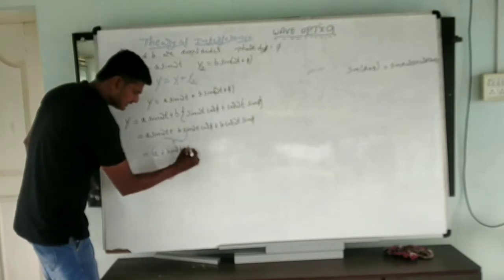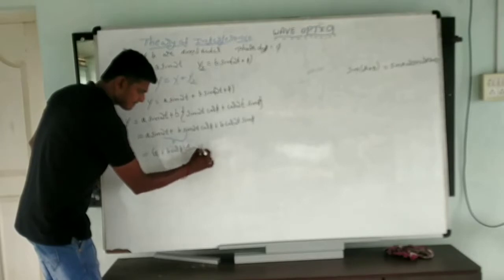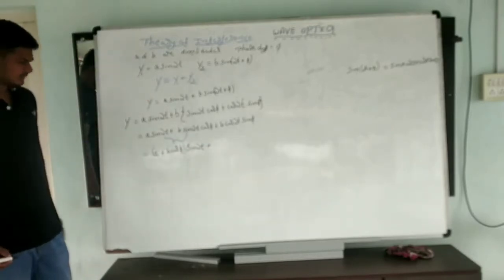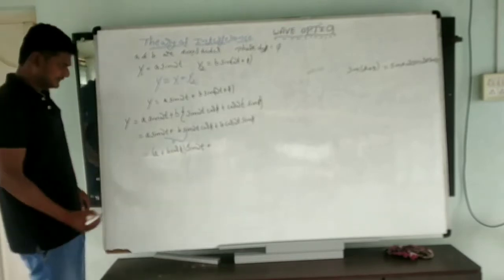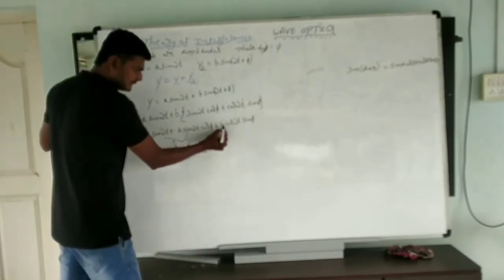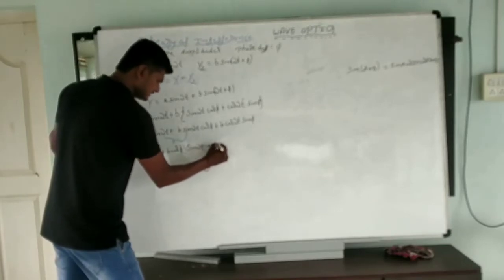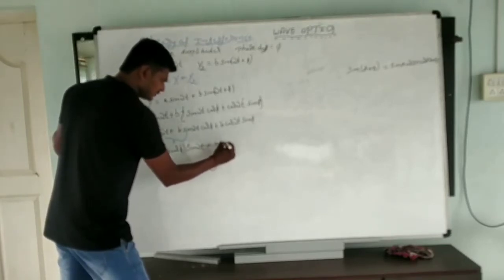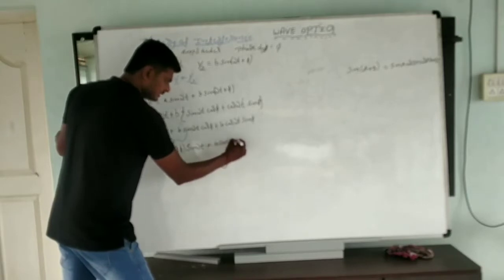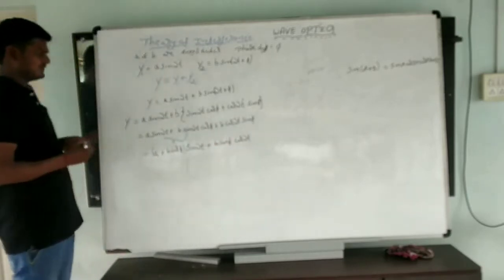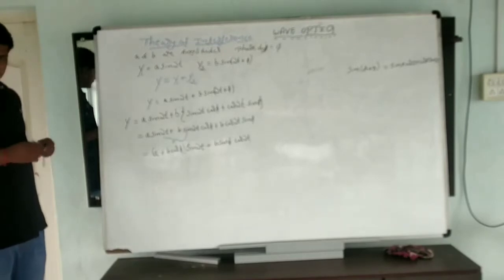Now the last term is B cos omega t sin phi, which I write as B sin phi cos omega t.